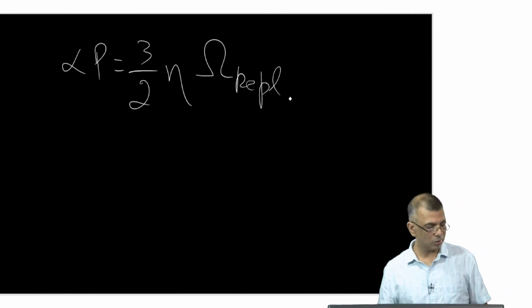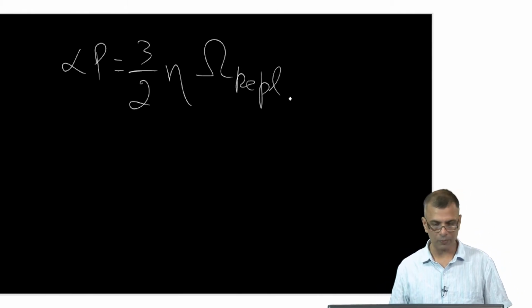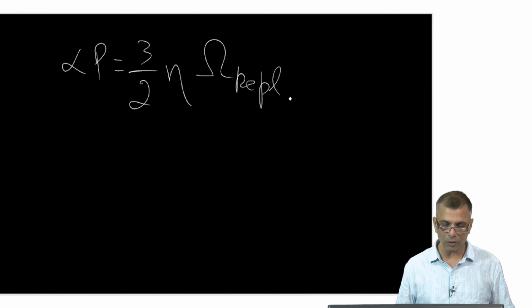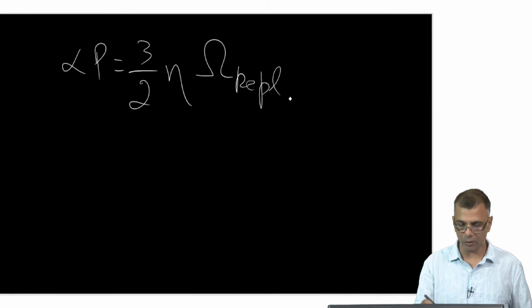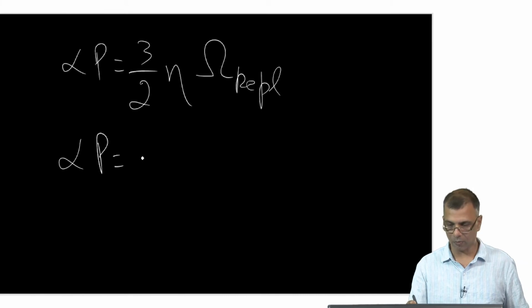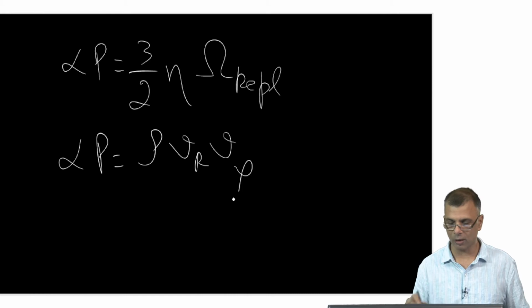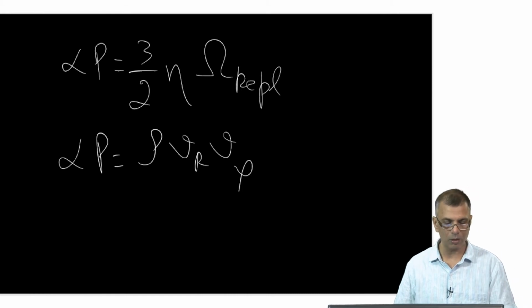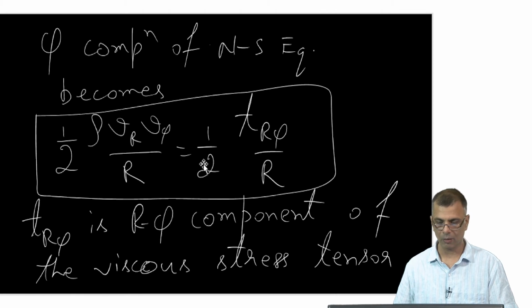Okay, so this is one very interesting thing, and then we also saw earlier that the alpha p was equal to rho Vr V phi. You remember this from here. This came from the basic momentum equation like this. Where did this come from?